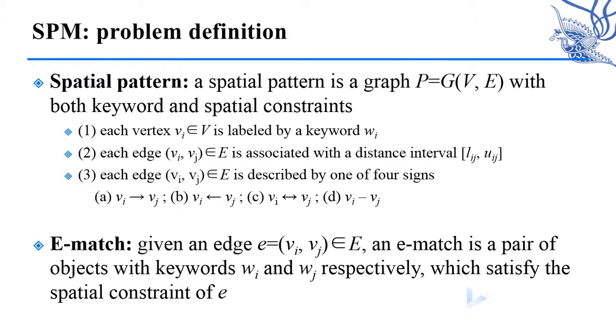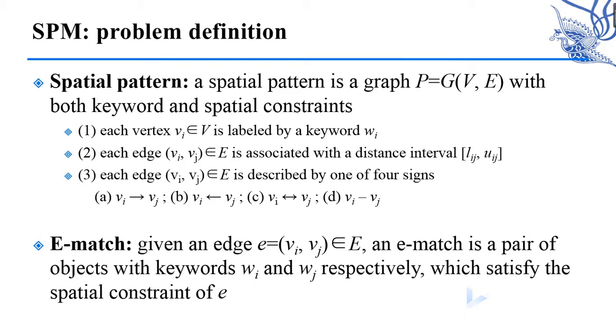Let's see the problem definition of SPM. A spatial pattern is a graph with both keyword and spatial constraints. Firstly, each vertex is labeled by a keyword, which represents the keyword of a matched object.